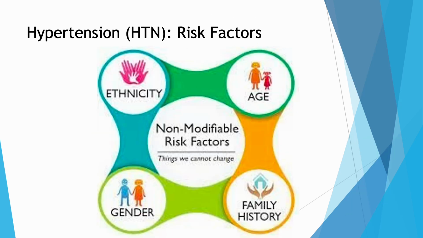All right, some of the things you can't change include your age. So these would be non-modifiable risk factors: your ethnicity, your gender. I mean, that's kind of questionable nowadays, but for the sake of this lecture, you can't change your gender. And family history.